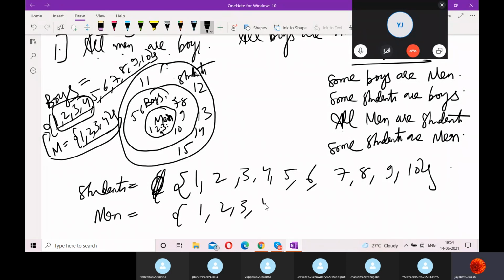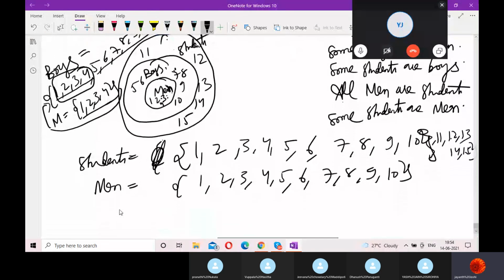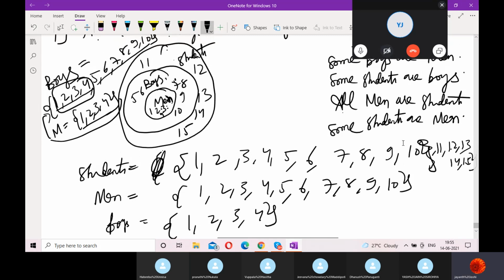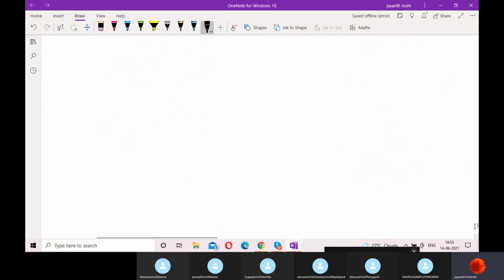For your easy understanding, I am taking till 10 here. And boys are how many? 1, 2, 3, 4. Now see all the 4 points which I have derived as the conclusion.